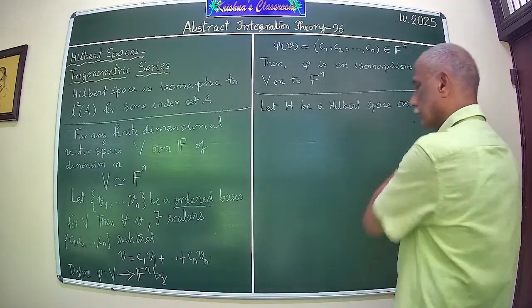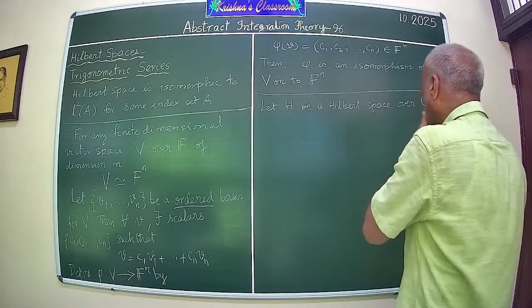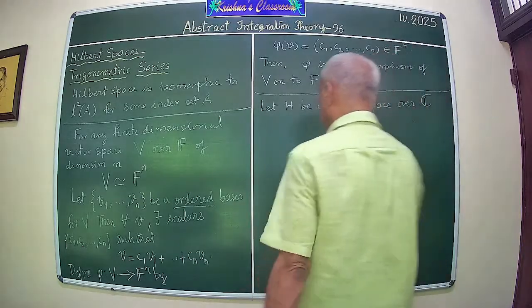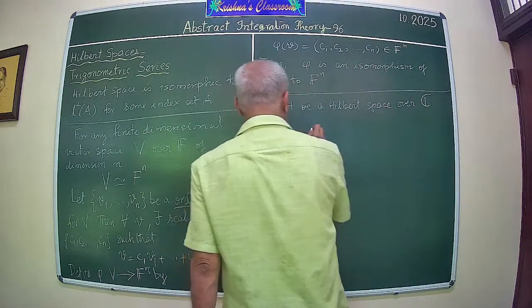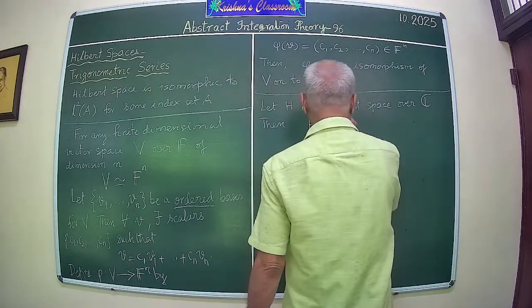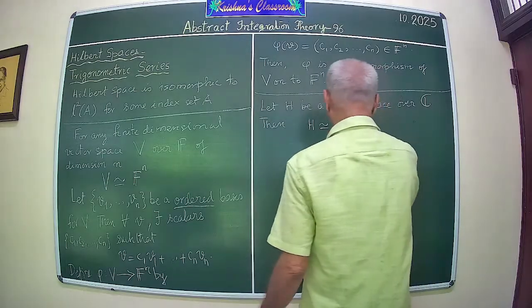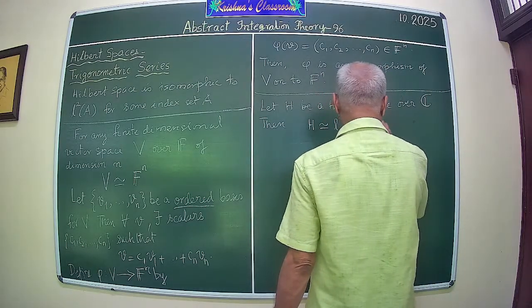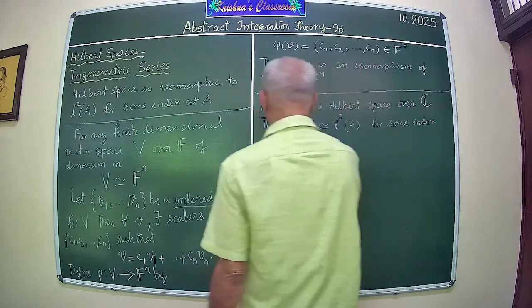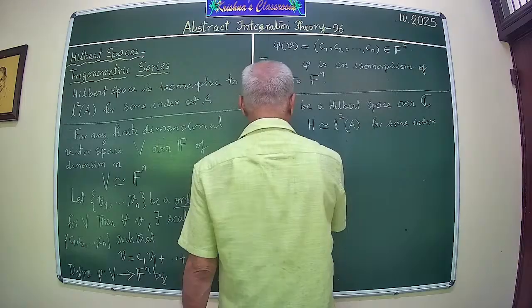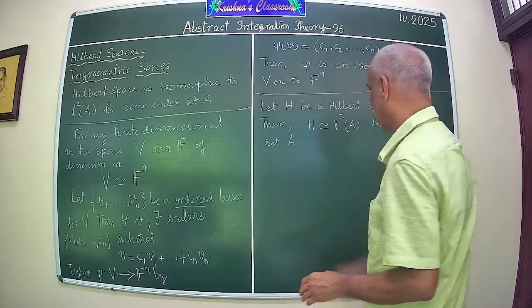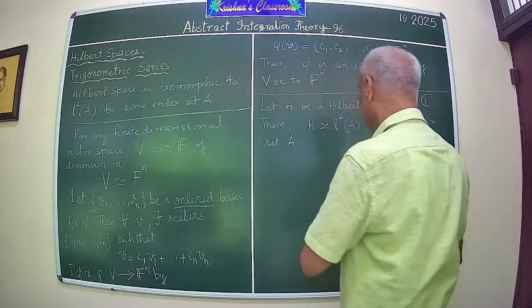We are taking a Hilbert space over C. Then H is isomorphic to L2(A), and we have defined what L2(A) is. We shall see soon what exactly it means.